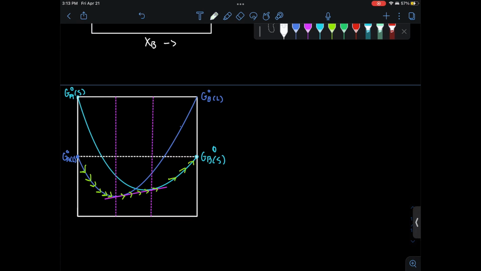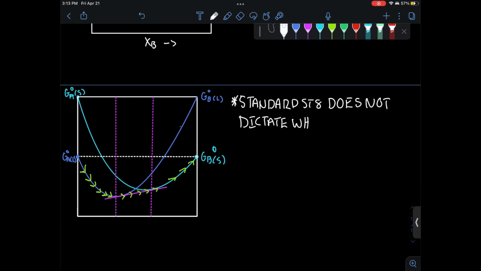If I were to repeat this for different standard states, I would find that standard state does not dictate where equilibrium is.